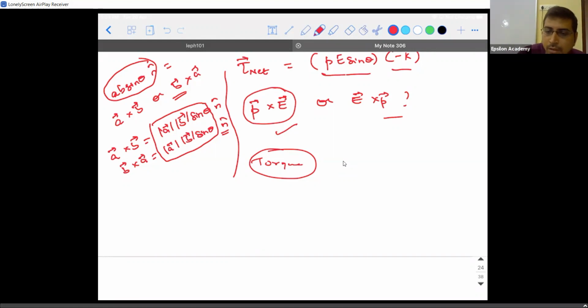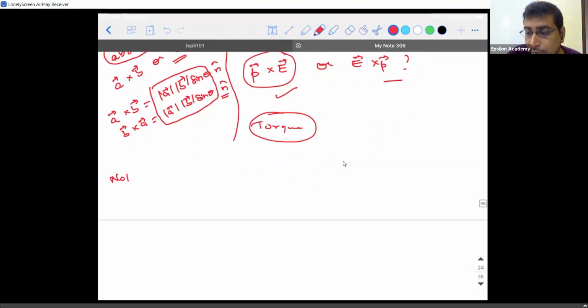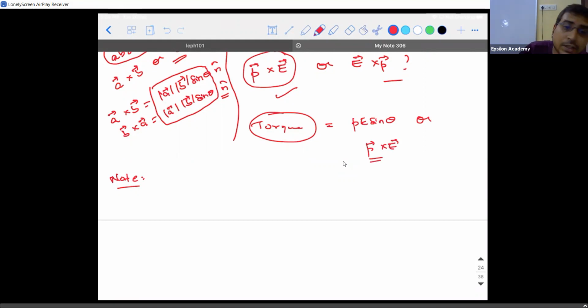So write another important note. Now comes an important question. What is the torque experienced by it? It experiences a torque of magnitude PE sin theta, or P vector cross E vector in terms of magnitude and direction.